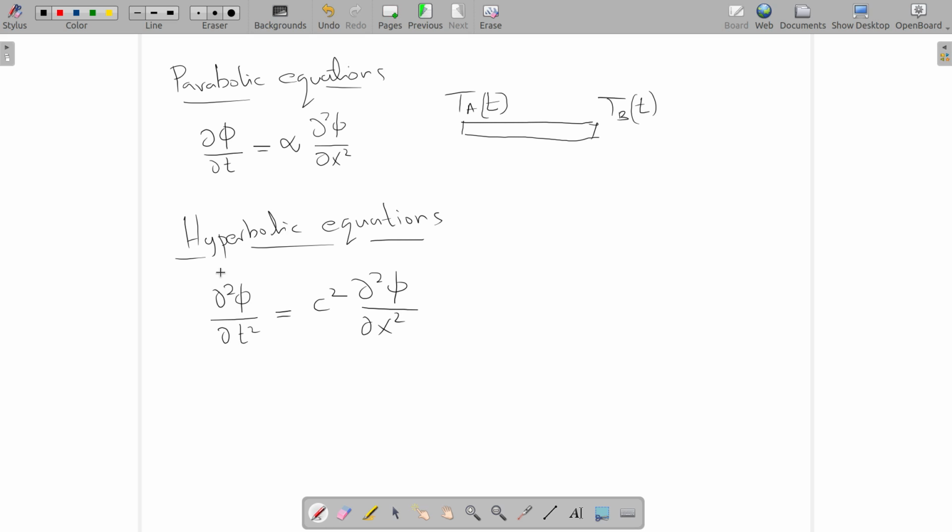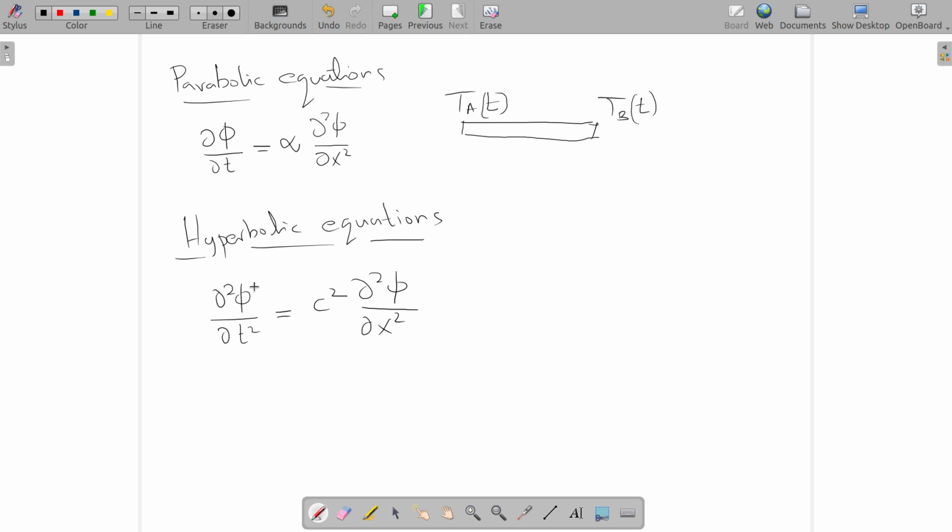And you can actually see that this second derivative with respect to time is something we usually have in, if you remember your lessons in mechanics, the acceleration is a quantity that comes to our mind when we take the second derivative of a quantity.